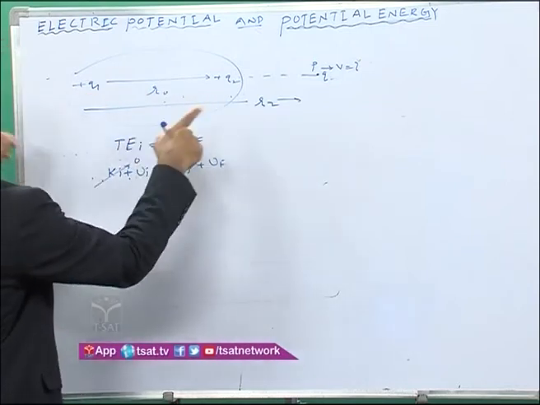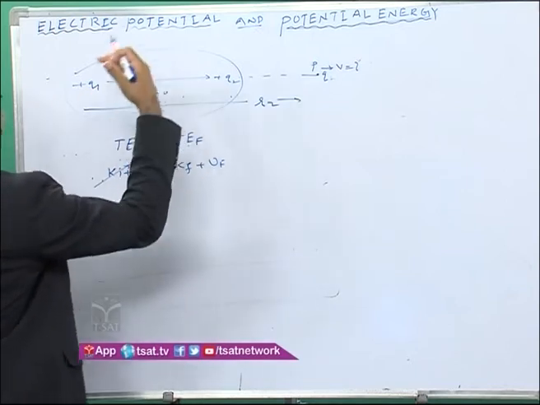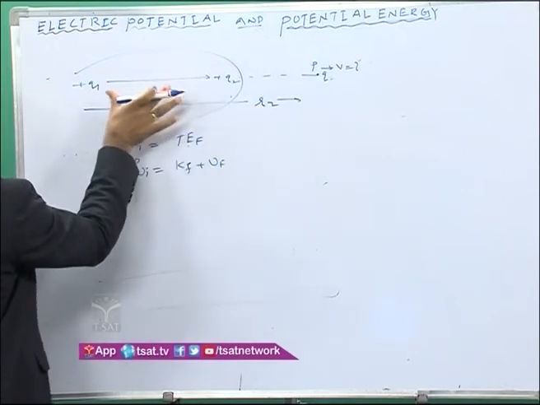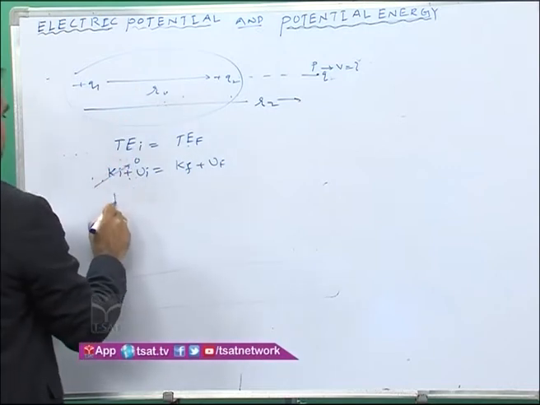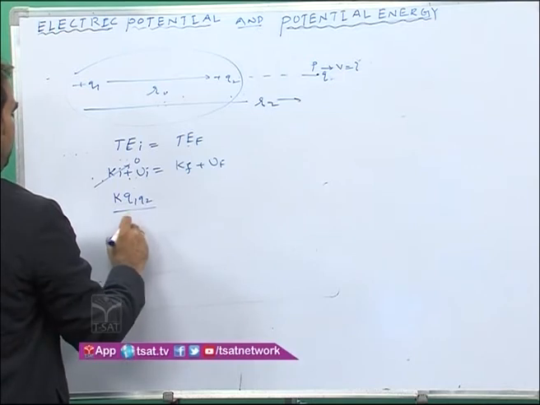But these two charges are separated by a certain distance. So the initial electrostatic potential energy of the system of these two particles is given by K into Q1 Q2 upon R naught.